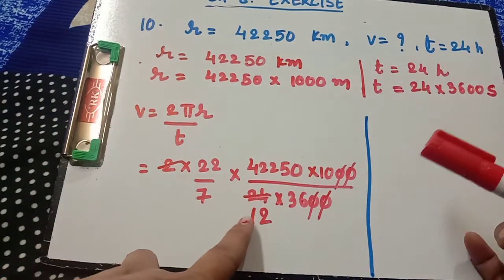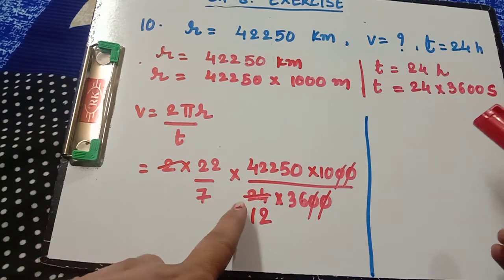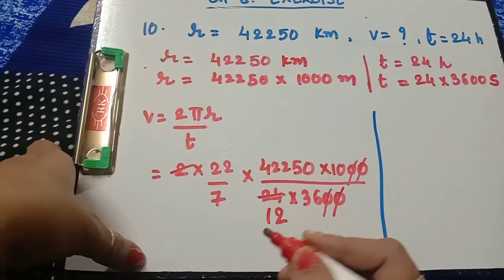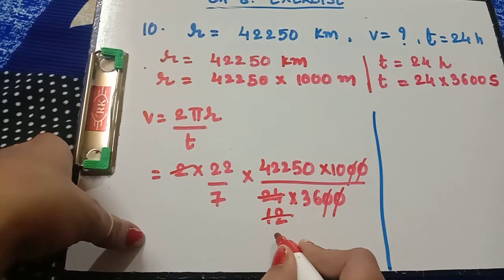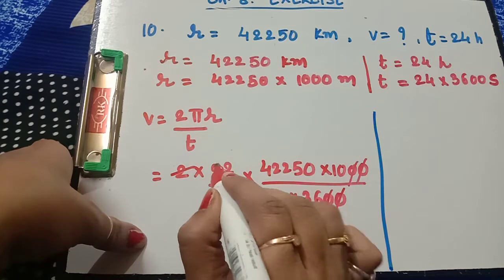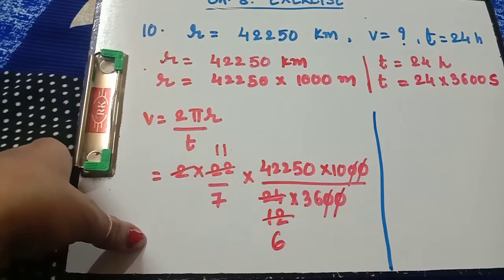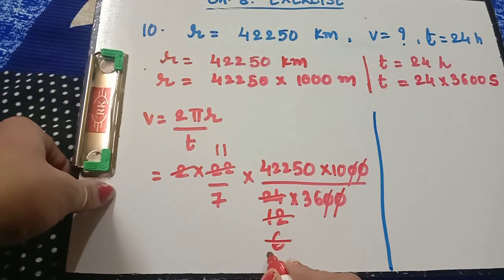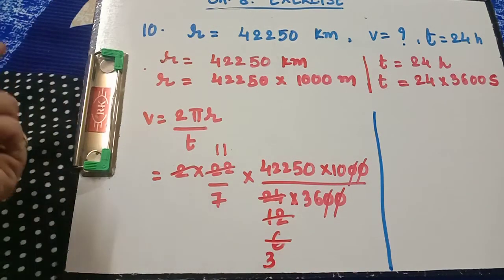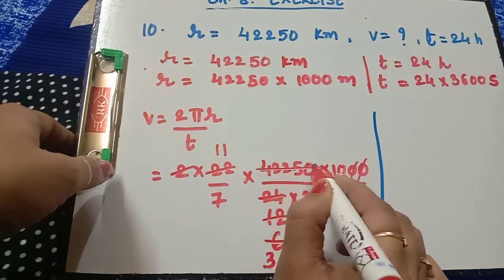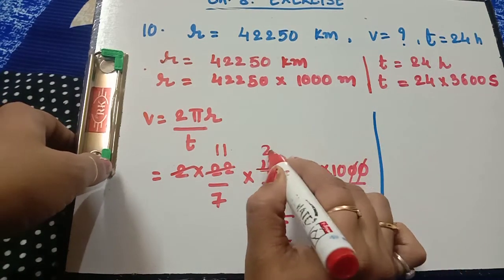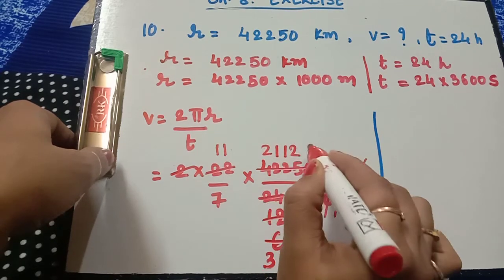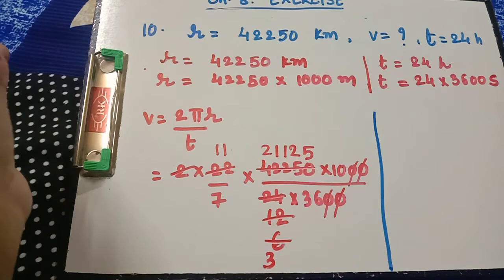Now I am doing it: 2 12s are 24. Now I do 6. Anyhow, you can do the calculation, I am just showing you. 6 2s are 12, 2 11s are 22. Now this and this I can do. 3 2s are, now I put it on top. 2 2s are 4, 2 1 1 2 5.